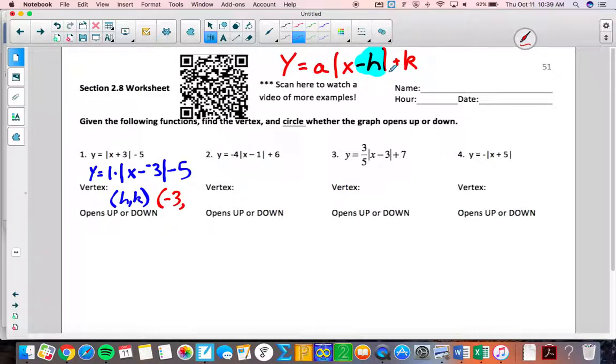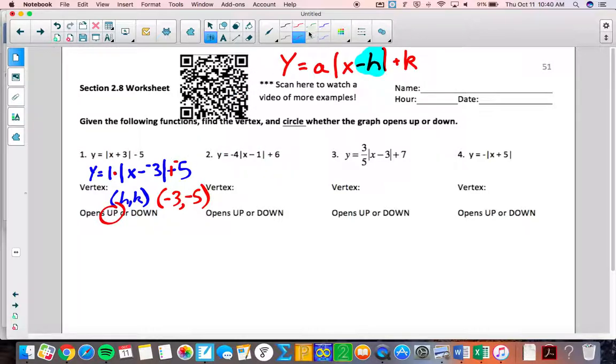And then my y value is whatever is being added outside of the absolute value. So that's negative 5. Now it opens up because it is a positive multiplier out in front. So it's going to go up.